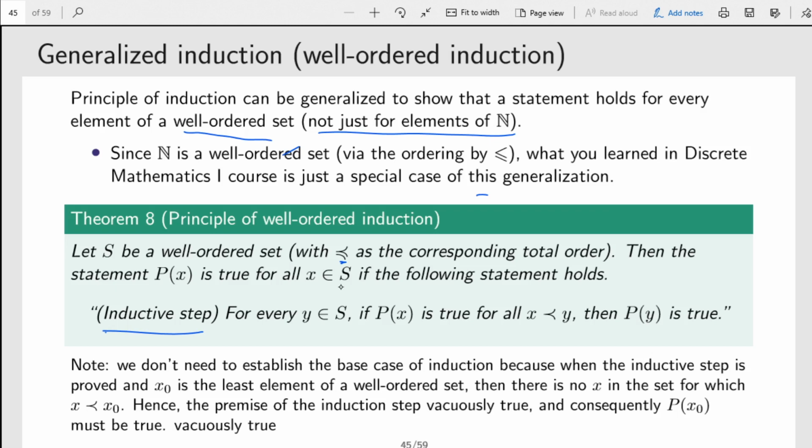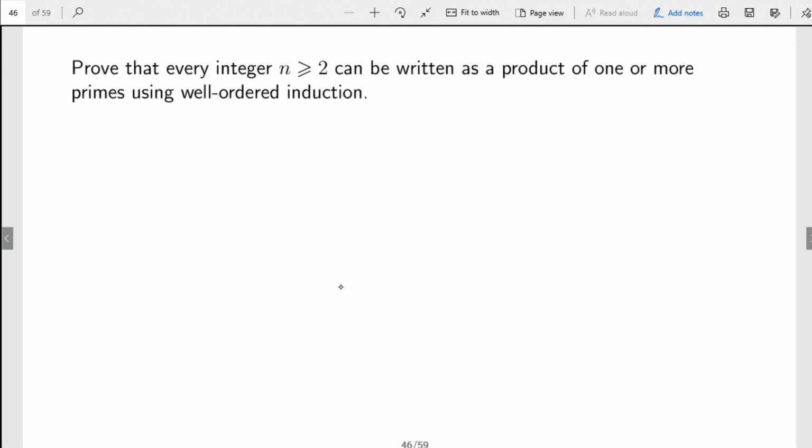So how do we use this to prove some results? For example, we have a theorem that every integer n greater than or equal to 2 can be written as a product of one or more primes, using well-ordered induction. So we want to show that this statement P(n), n can be written as a product of one or more primes.